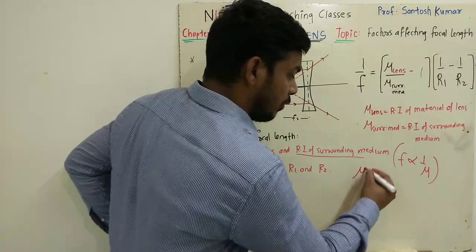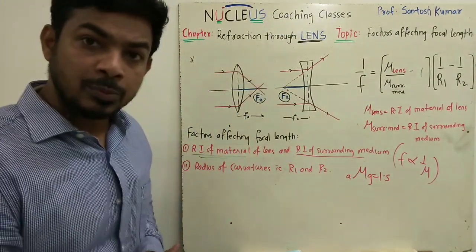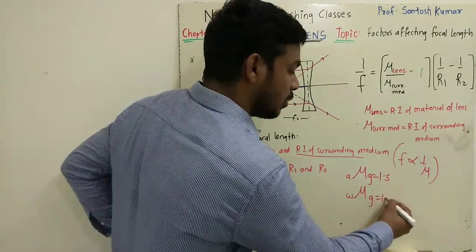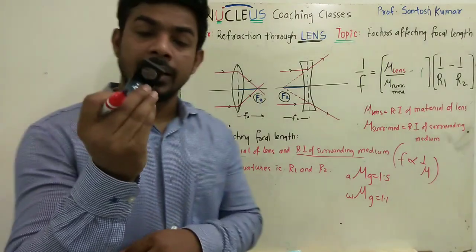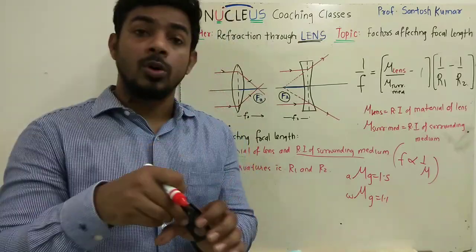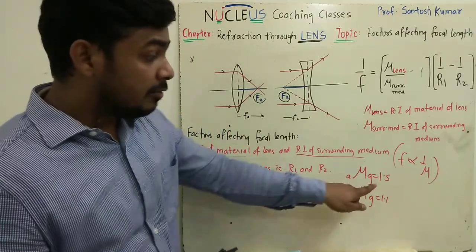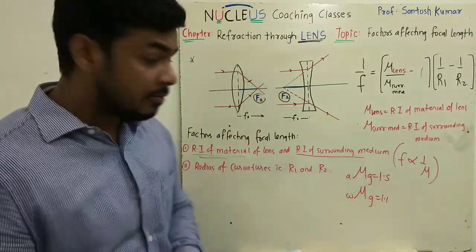If I say the refractive index of glass with respect to air is 1.5, that is absolute. And if I say the refractive index of glass with respect to water is 1.1, I can tell you that if a lens is kept in air, it will have some focal length, and if the same lens is immersed in water, the focal length will be more. The refractive index of glass with respect to air is 1.5, a greater value.